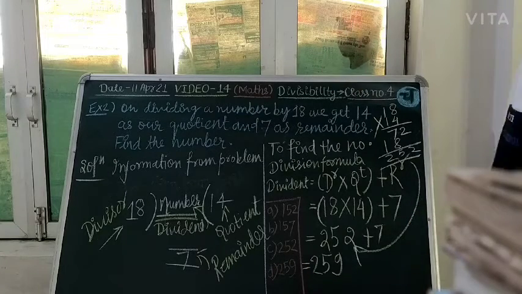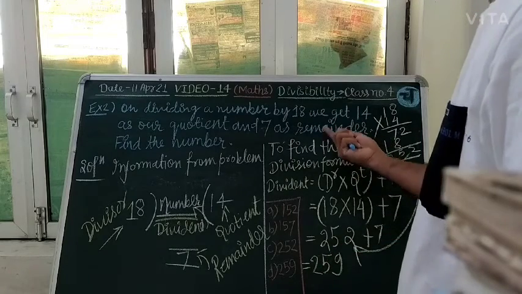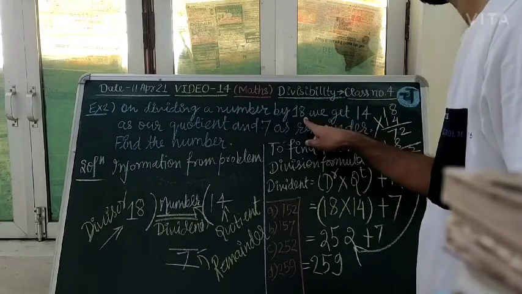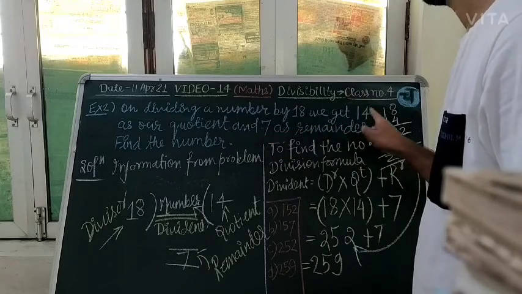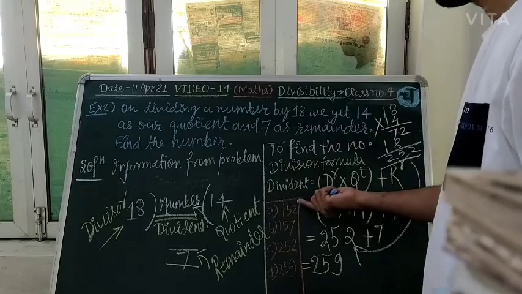In your exam, if the options are given, that question is saying to find the number which, when divided by 18, gives 14 as quotient and 7 as remainder. So you can go through the options.